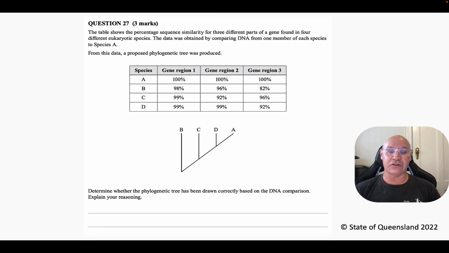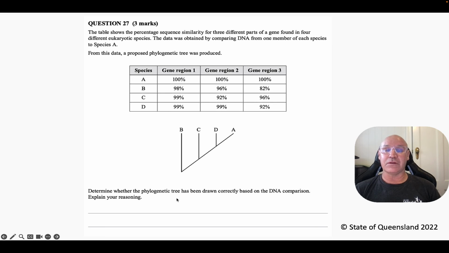Now the next thing you need to do: I agree that this is actually the right sequence based on these similarities and differences. So in other words, D is most similar to A, and B is least similar to A, and that's why they're in that order. So determine whether it's been drawn correctly, and then explain your reasoning.